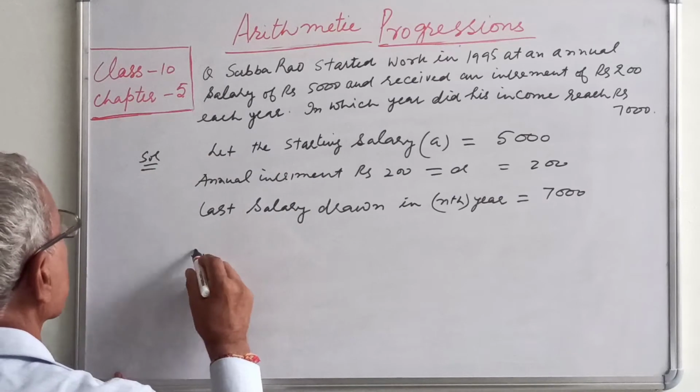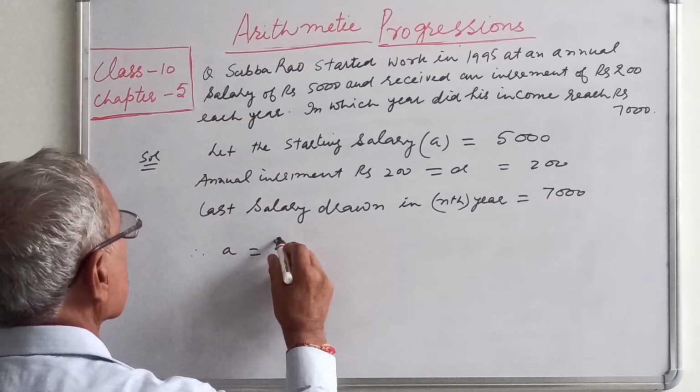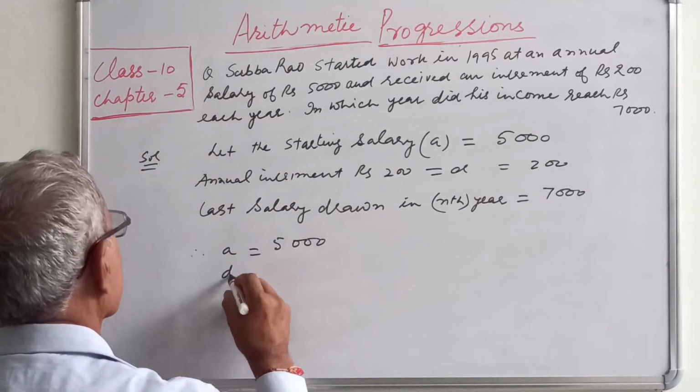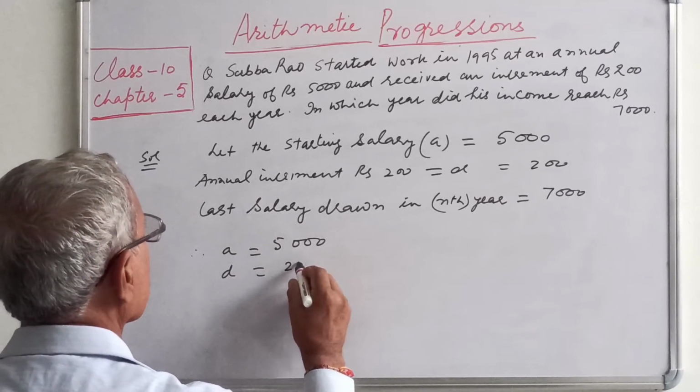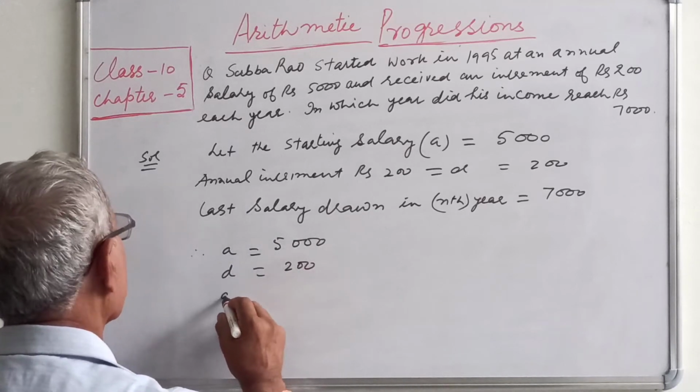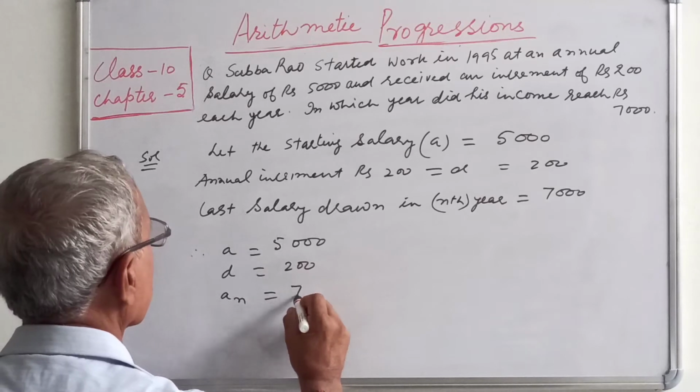Therefore A is 5,000, D is 200 and AN is 7,000.